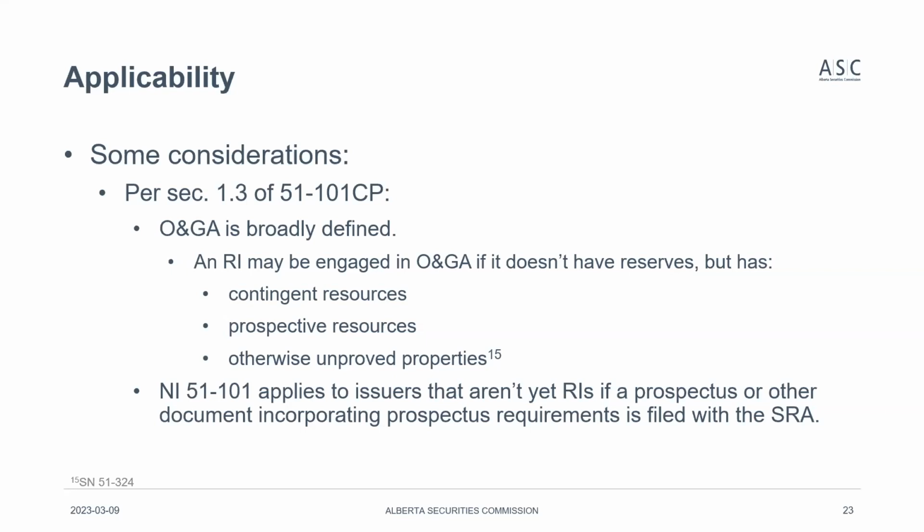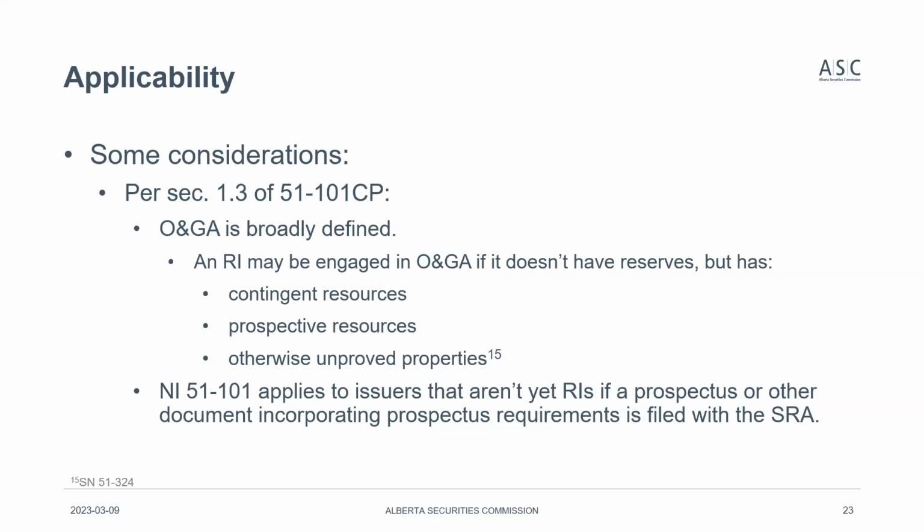So even if you don't have reserves, if all you have are unproved properties, or resources other than reserves, so contingent resources or prospective resources, or even something like discovered petroleum initially in place or undiscovered petroleum initially in place, you could still be considered engaged in oil and gas activities. So you don't have to have just reserves.